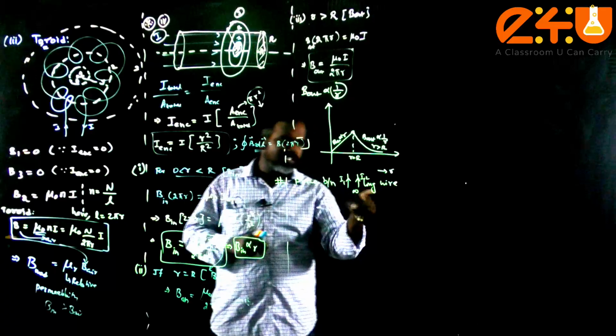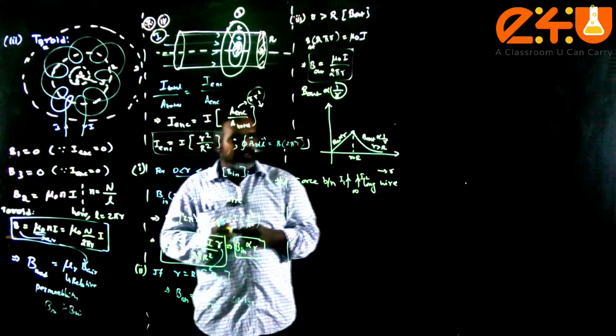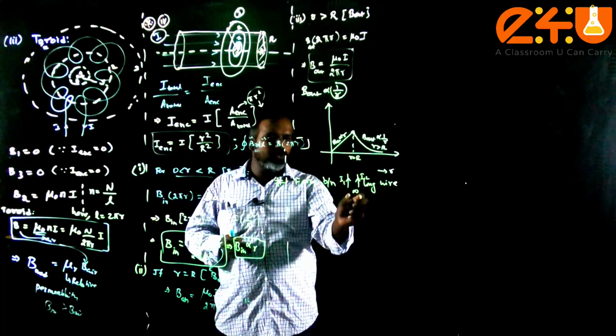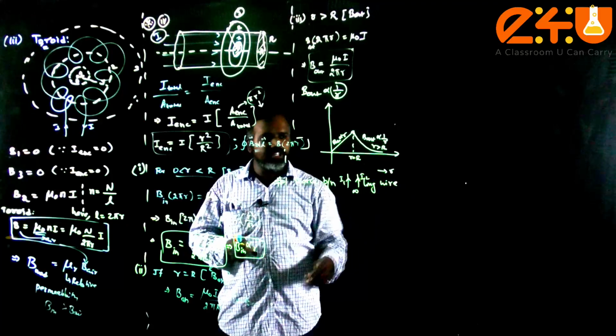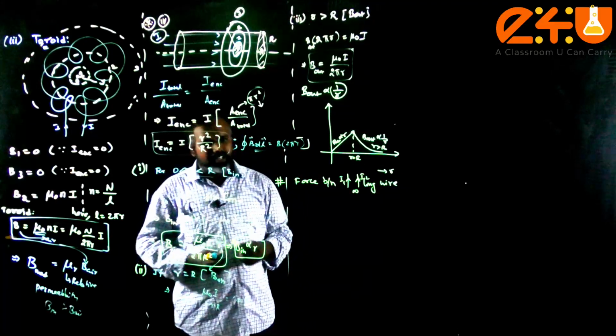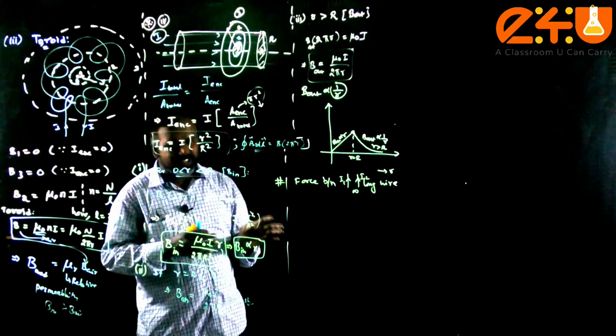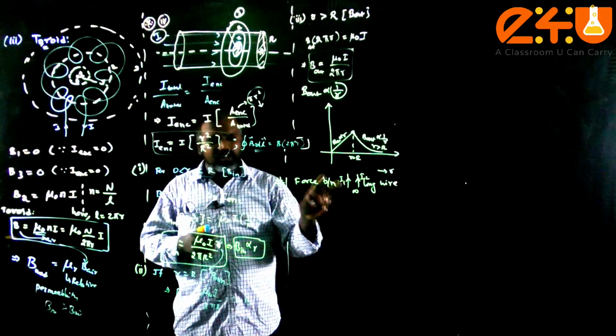Force between two infinite long what, children? Current carrying wires. I am just writing in short form. So, force between two infinite long current carrying wires. It is very simple. We have to remember 2 concepts here.